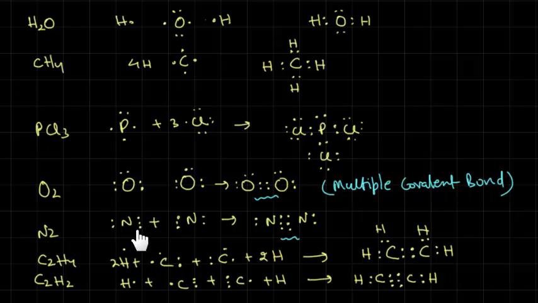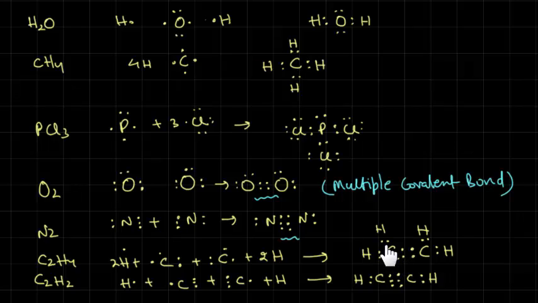Same with the case of nitrogen. Nitrogen has only 5 valence electrons, so two nitrogen atoms need to share 3 and 3 each to form an 8 electron configuration. So this is a triple bond. This is a double bond. C2H4: carbon has 4, hydrogen has 1.